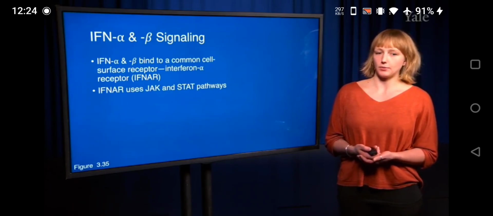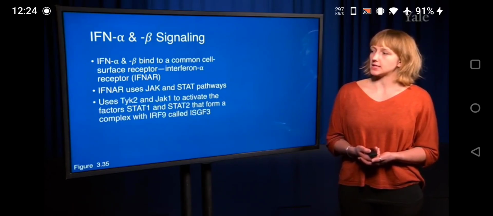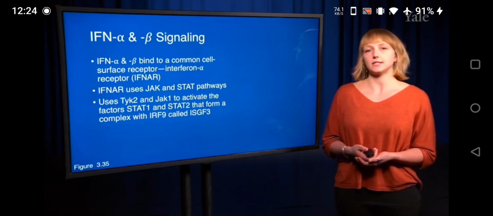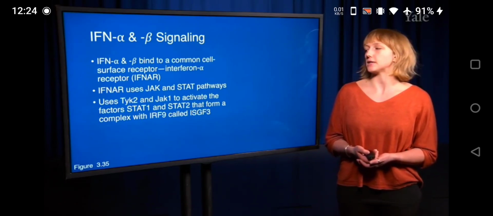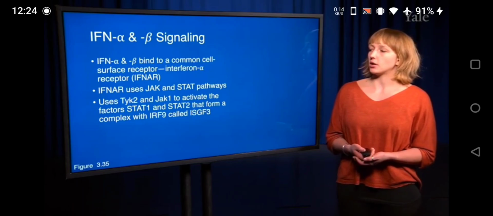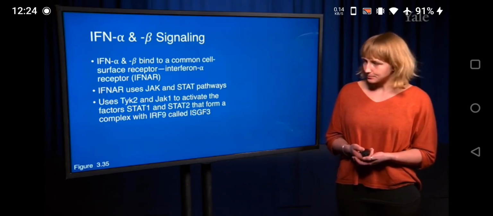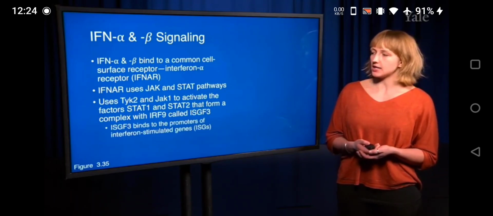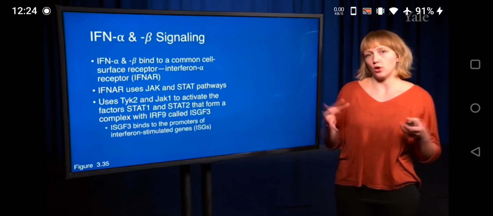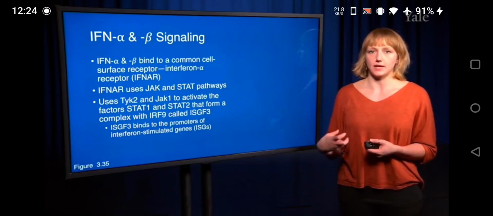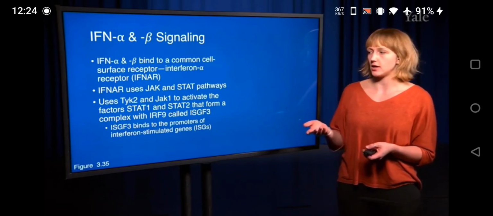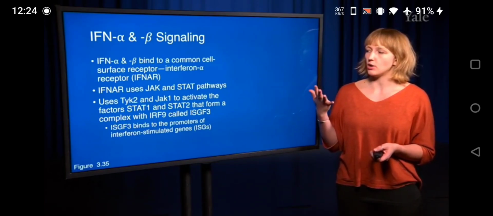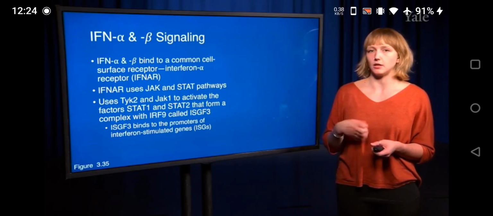Specifically, it uses TYK2 and JAK1 to activate STAT1 and STAT2, and these then form a complex with IRF9, which is called ISGF3. ISGF3 will then go into the nucleus of the cell that is sensing the interferons, and it will bind to the promoters of interferon-stimulated genes, or ISGs.